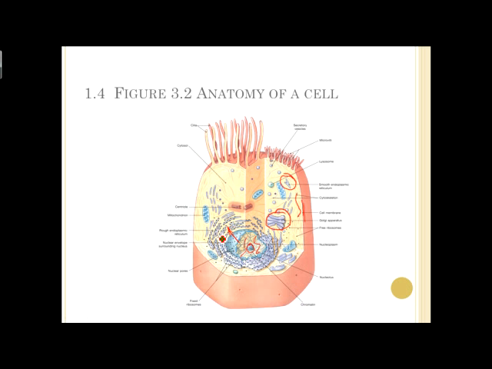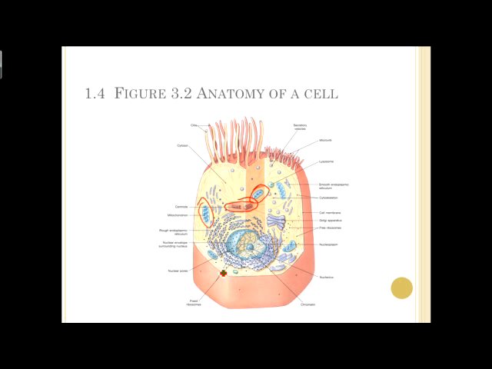Here we have rough endoplasmic reticulum. The difference between smooth, which is this right here, and rough, which is this right here, is that the rough endoplasmic reticulum has ribosomes on it. So all of these little dots are the ribosomes, and we see them over here as free ribosomes as well. This area here is the powerhouse, which is the mitochondria, and then we have a centriole here.